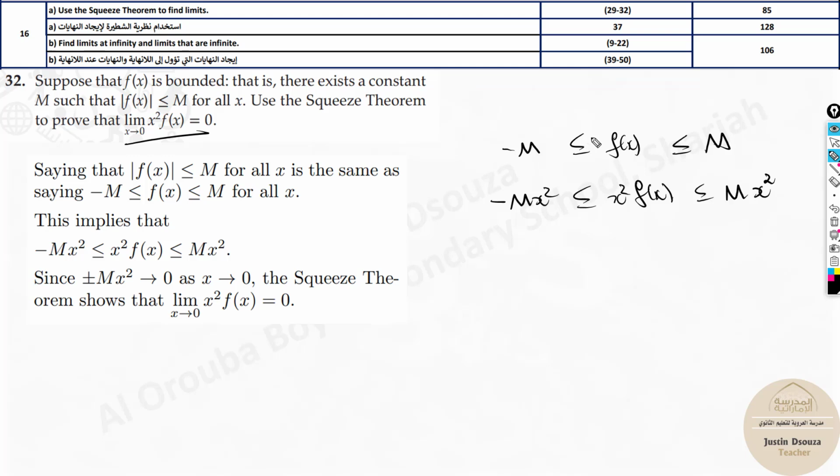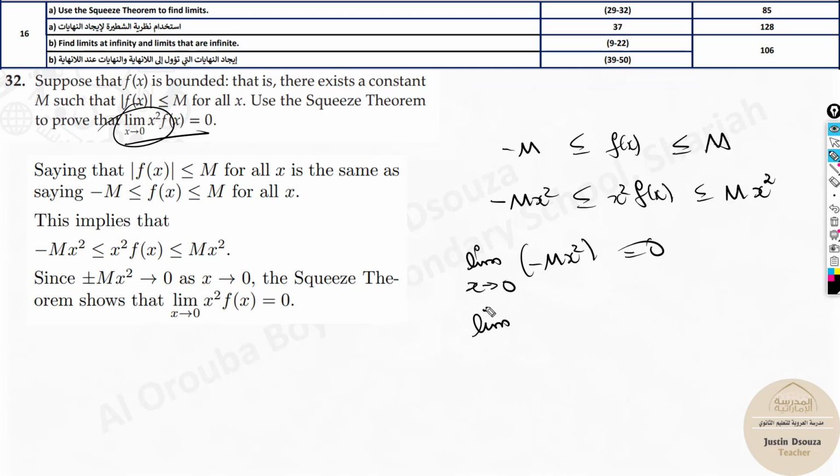Now what you have to do is take the limit of this on both sides. Now this side I'll take first: limit as x tends to 0 of minus m x squared. What is the value? This is a constant. This will be 0. Its answer is 0.